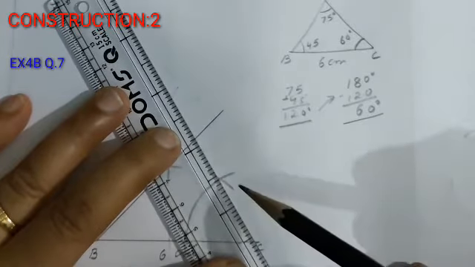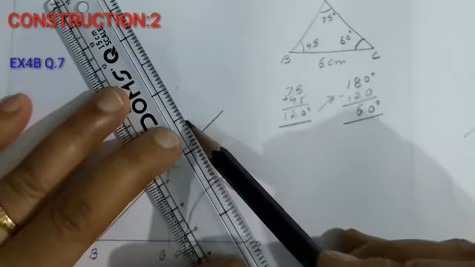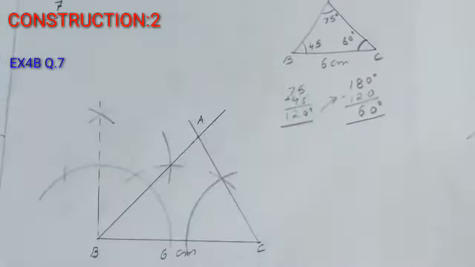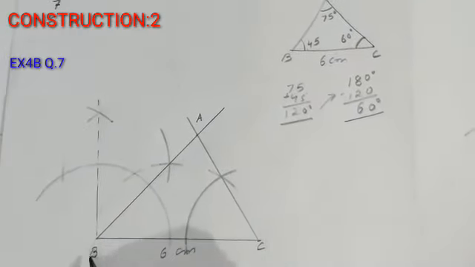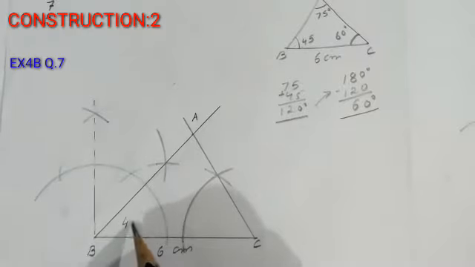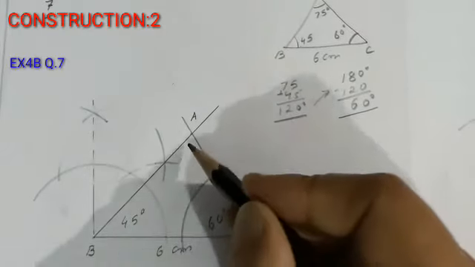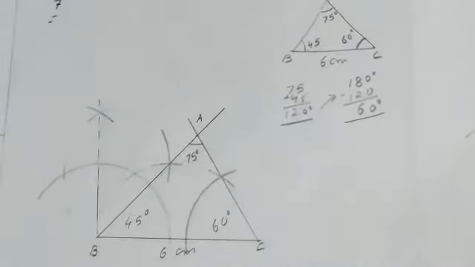So when you join the point of intersection with C and extend the line, you will get point A. This is vertex A. Hence, ABC is the required triangle in which this angle is 45 degrees, angle C is 60 degrees and angle A is 75 degrees.